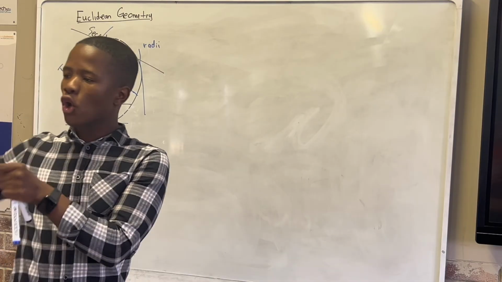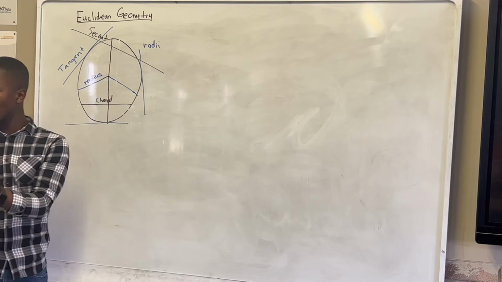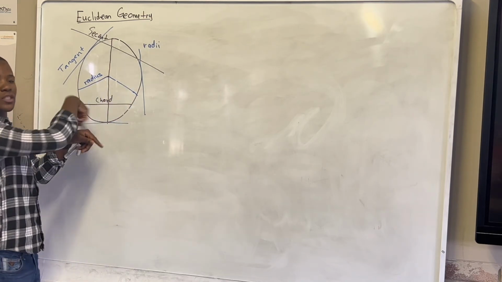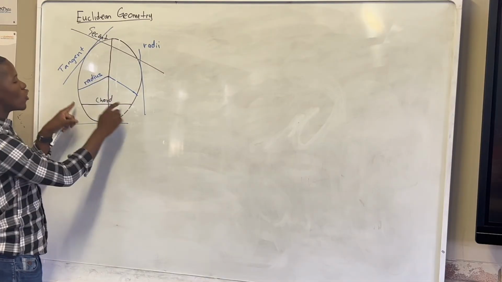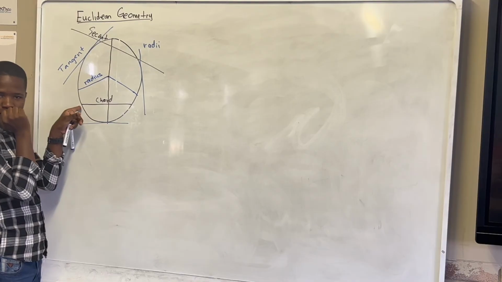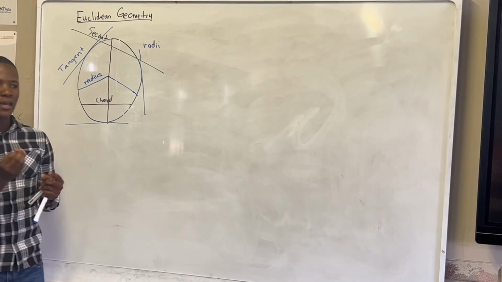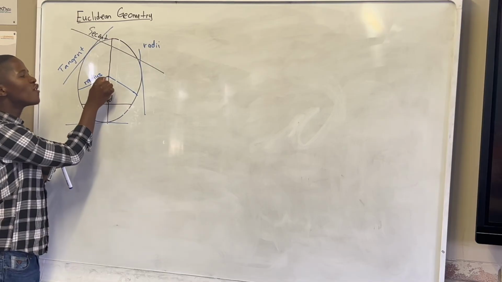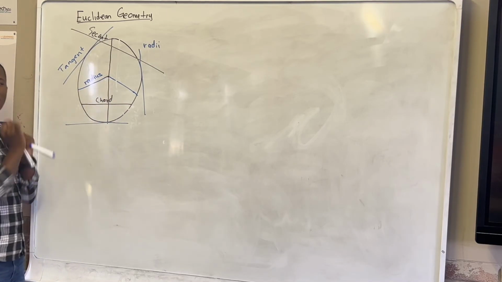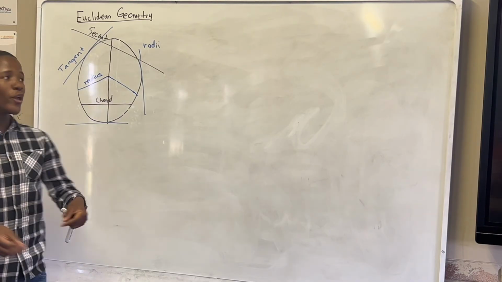Your chord is the line within your circle that touches the circumference twice, but not through your midpoint. Your radius is a line drawn from the center of your circle to your circumference.